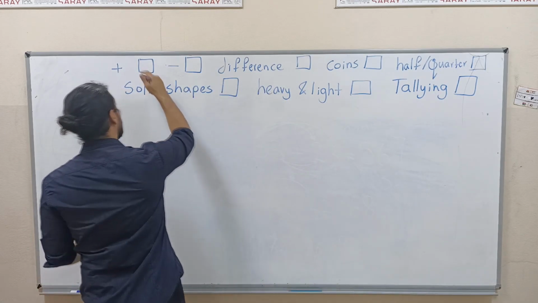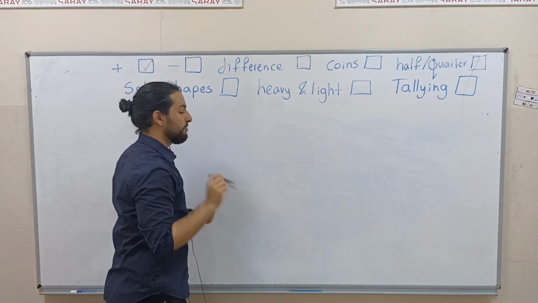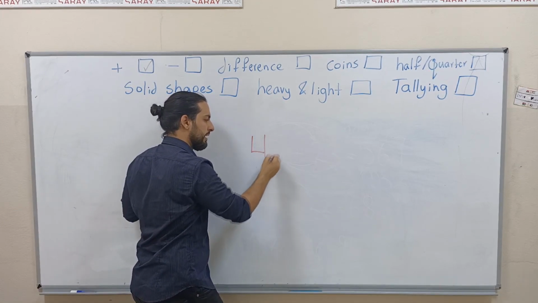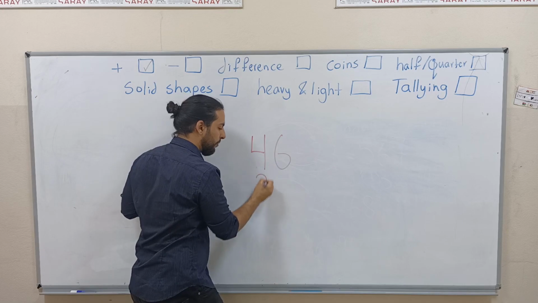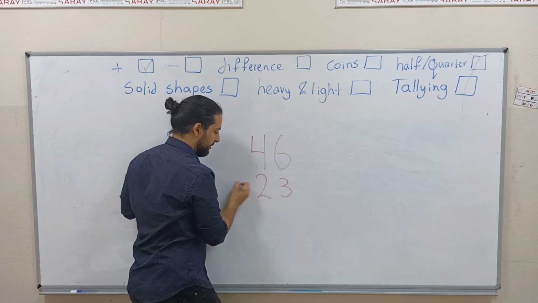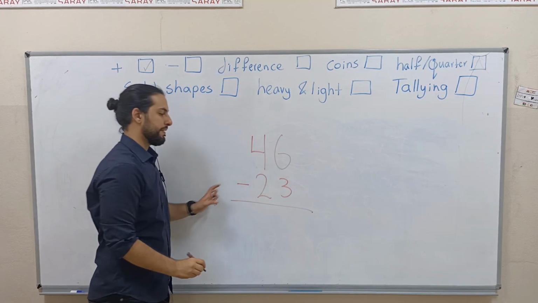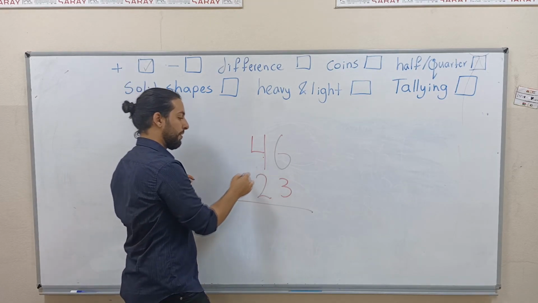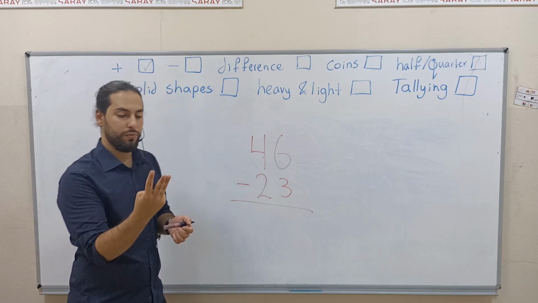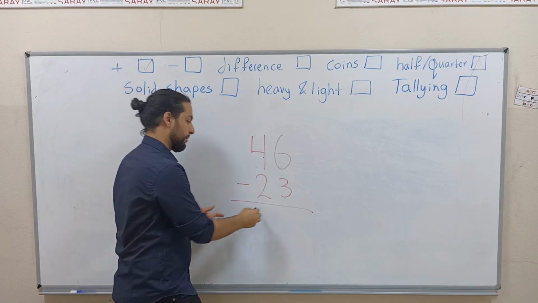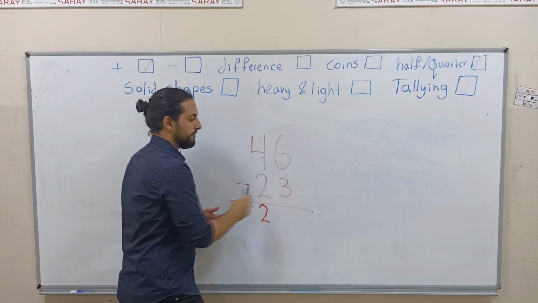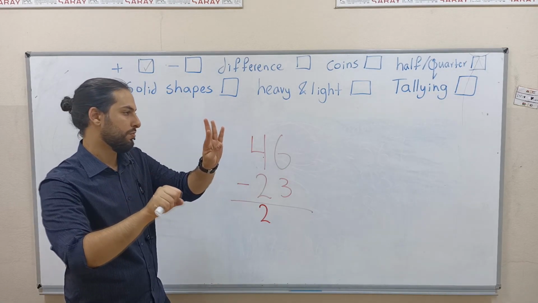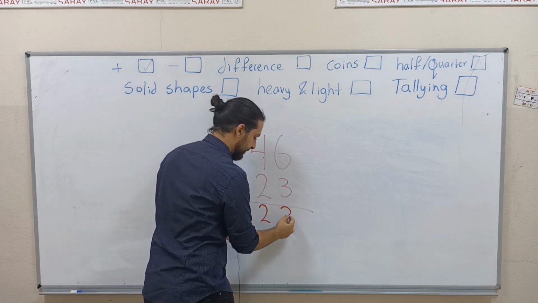Okay, so that's plus. Now, when it comes to minus, we can have numbers like this, and it's all vertical. So all the minus questions are vertical like this. So 4 minus 2, 4, 1, 2, the answer is 2. 6 minus 3, so we just have 6 in our hands, minus 3, so 1, 2, 3, that's 3.